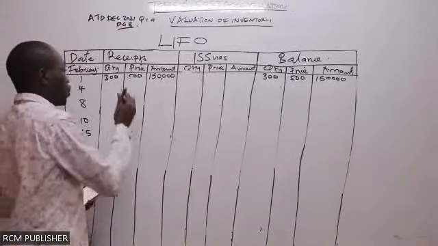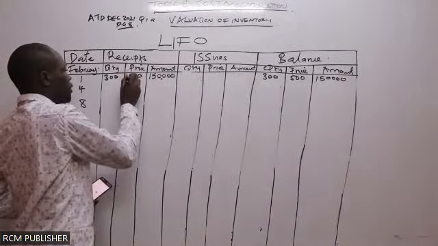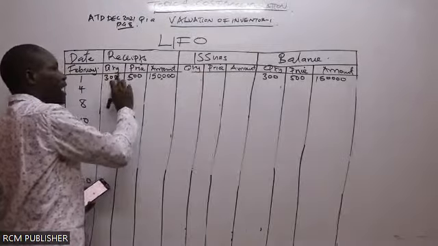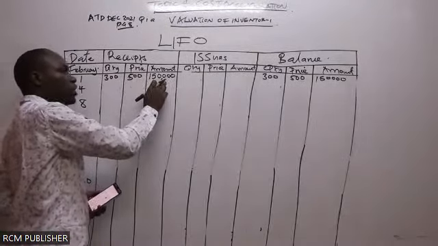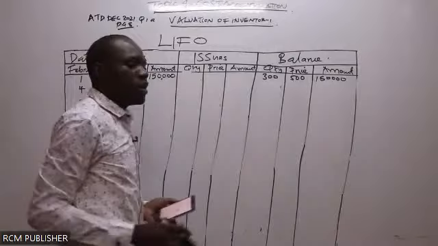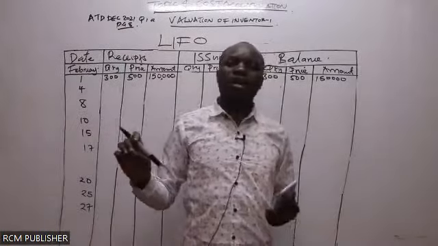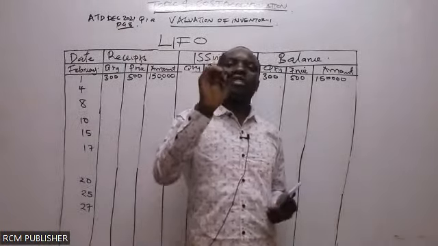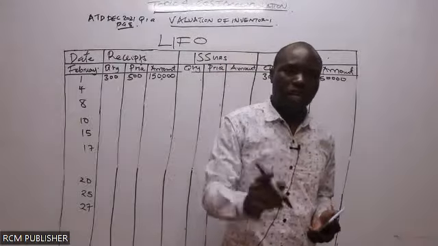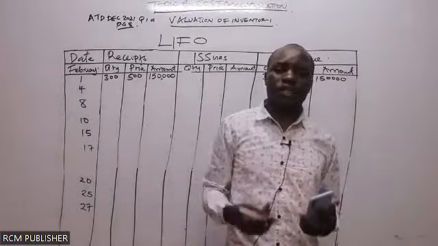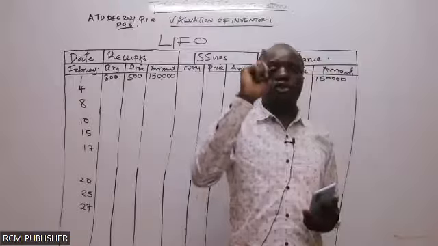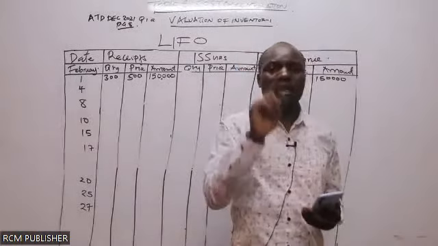It will still be 300 at 500 to give me 150,000. So in all three methods, our opening inventory remains unchanged, but the subsequent transactions will depend on the formula that you are applying.